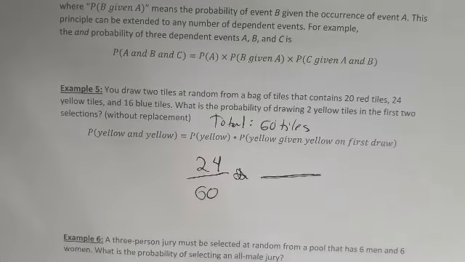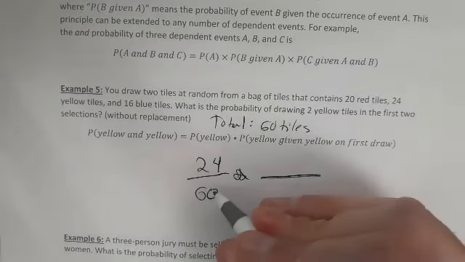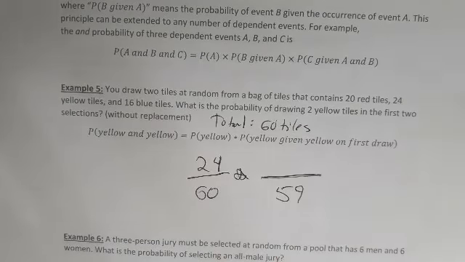I have to do a little bit of thinking on the second one. So if I pick a tile out and I do not replace it, now my total is changing. This is the thing we have to think about. I have drawn one out of them. Now I'm drawing out of 59.